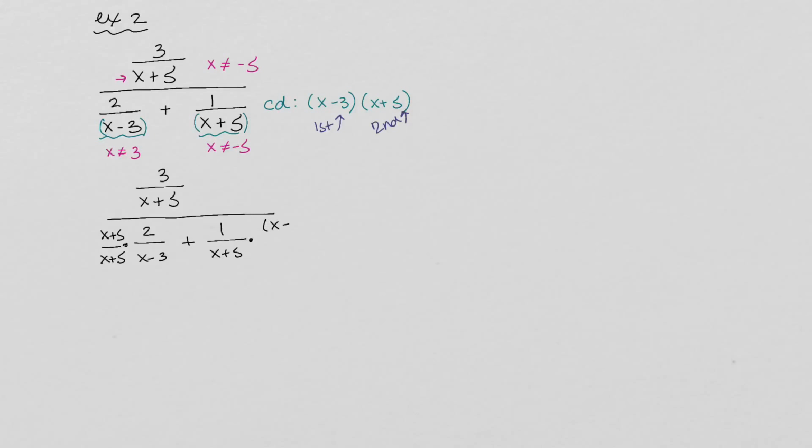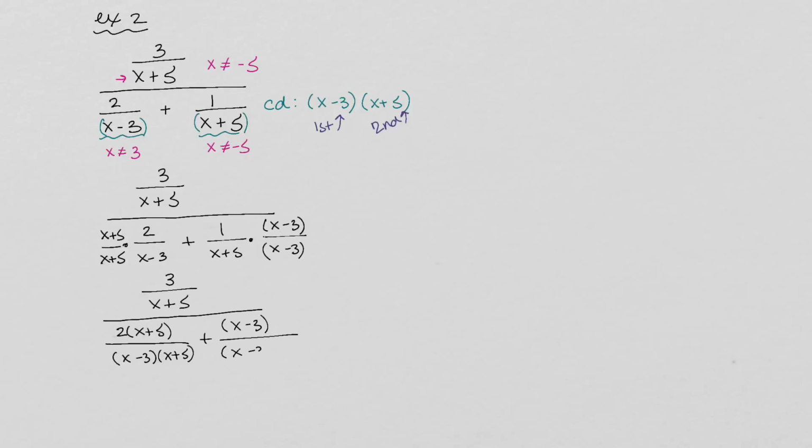So I multiply by x minus 3 over x minus 3. Like that. So we get 3 over x plus 5 over 2 times x plus 5 over x minus 3 times x plus 5 plus x minus 3 over x minus 3 times x plus 5.